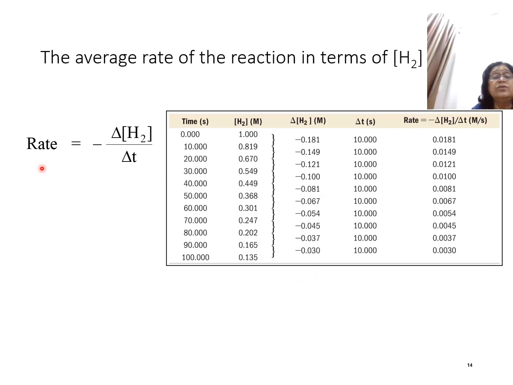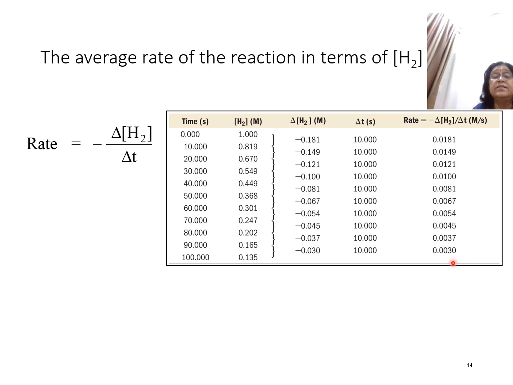When you take out the rate at different time intervals, you observe that the rate of hydrogen decreases with increase in time interval. As you move from 0 seconds to 100 seconds, the rate changes from 0.0181 to 0.0030.